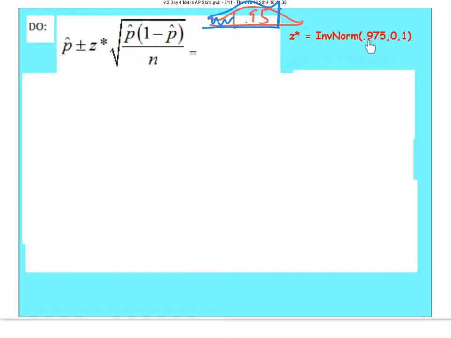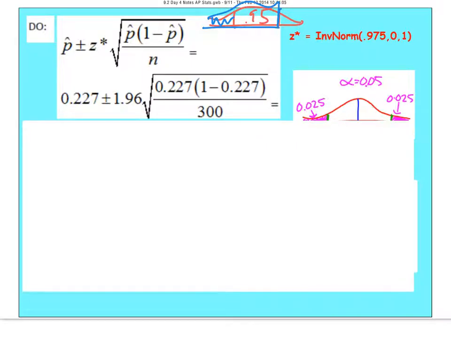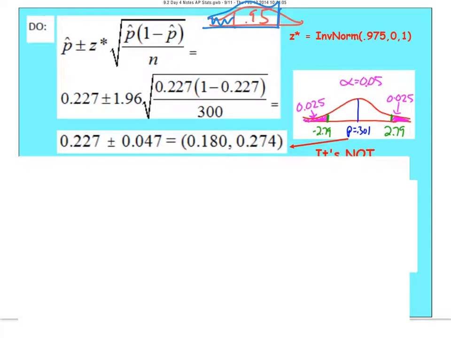So we have to do inverse norm of 0.975 at 0, 1 to get the true critical value. When we put that in here, then our critical value in this case is 1.96. P hat goes in here and our sample size. The confidence interval, therefore, is going to come back to this actual value right here. So what we're seeing is this confidence interval coincides with this inner space right here.